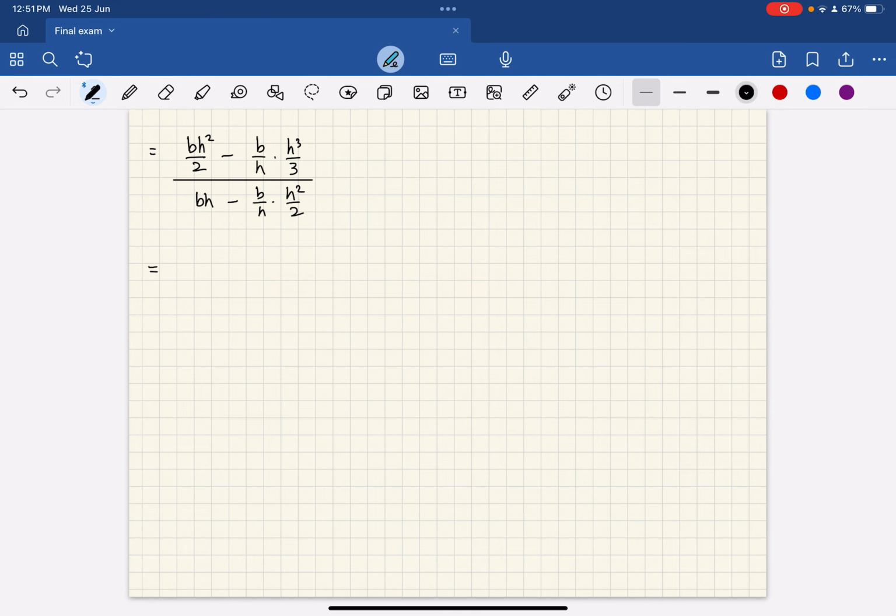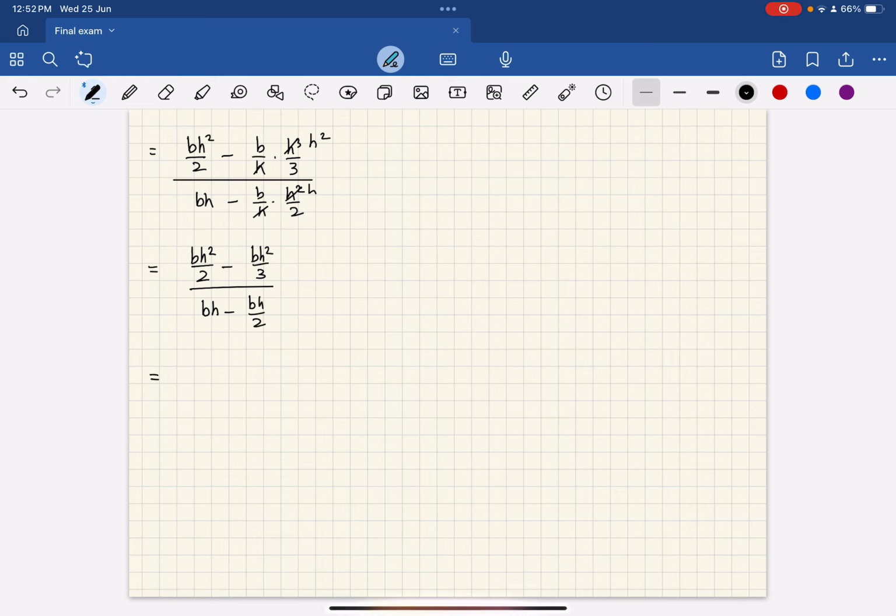So as we proceed, let's simplify this. So you end up with b h squared over 2 minus b h squared over 3, with respect to b h minus b h over 2.